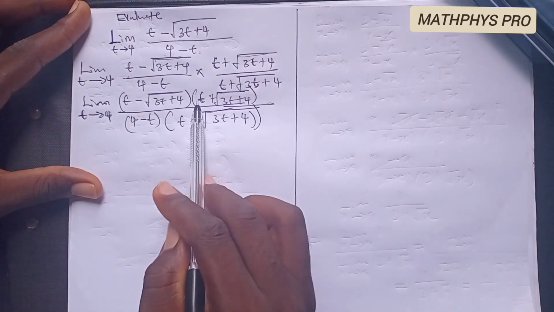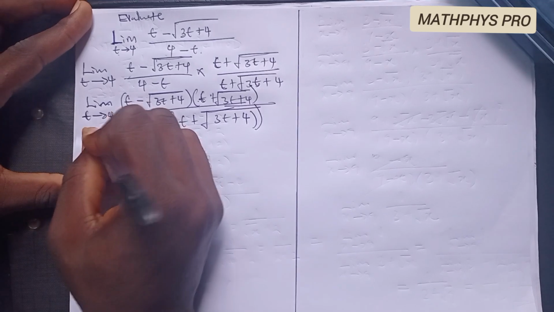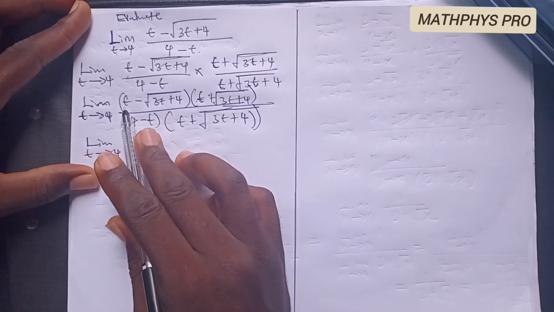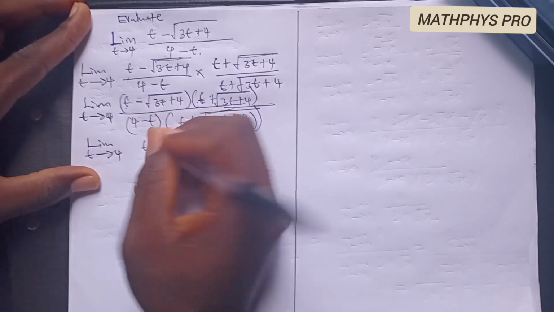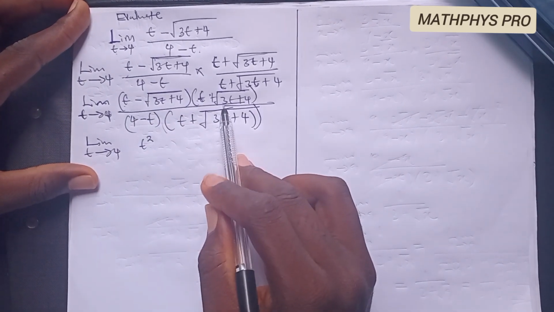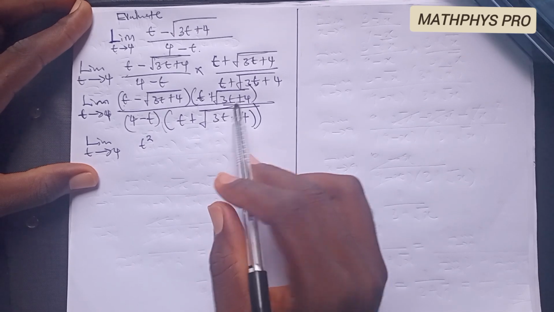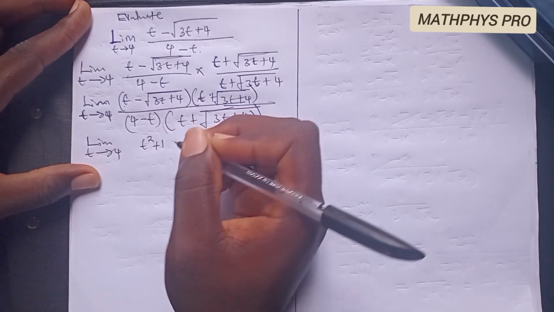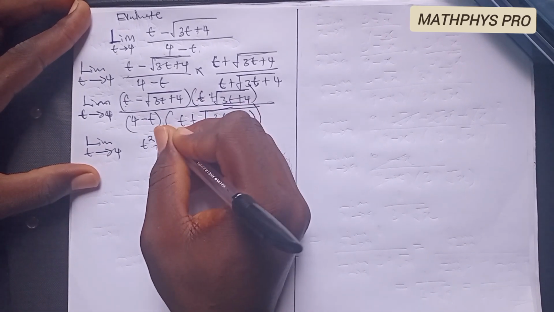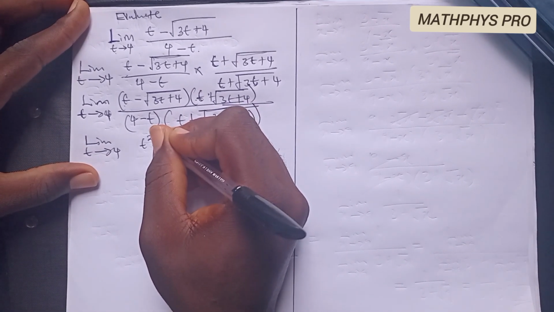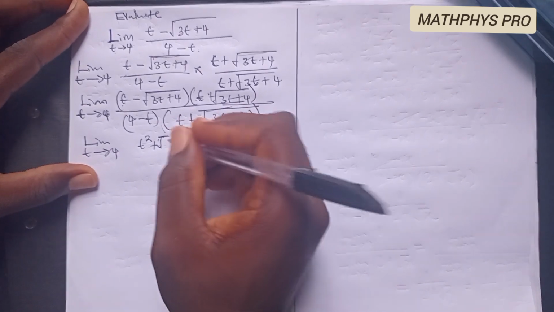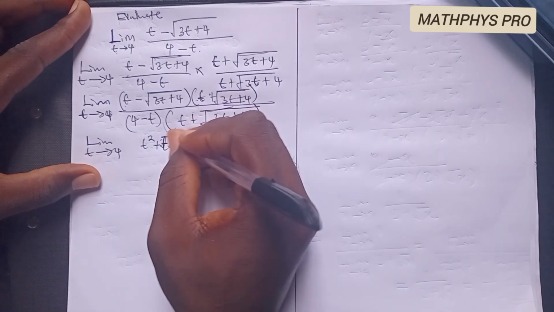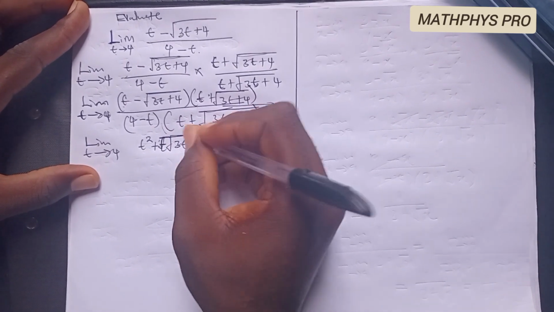So now, removing the bracket, t approaches 4. t times t gives you what? t square. t times plus root 3t plus 4 gives you plus t root 3t plus 4.